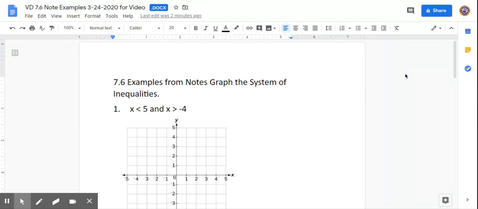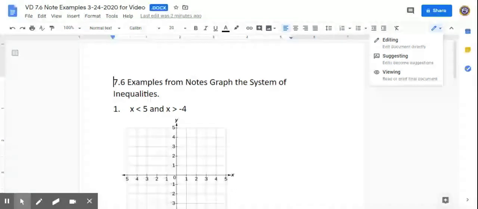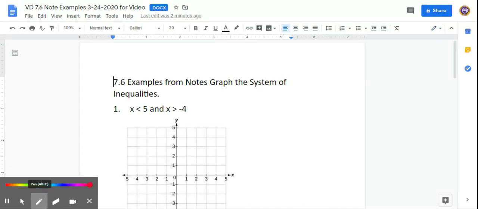So the thing you have to remember when you're graphing a system of inequalities is that you will be drawing your line. Sorry about that, I got to get my pencil writing.